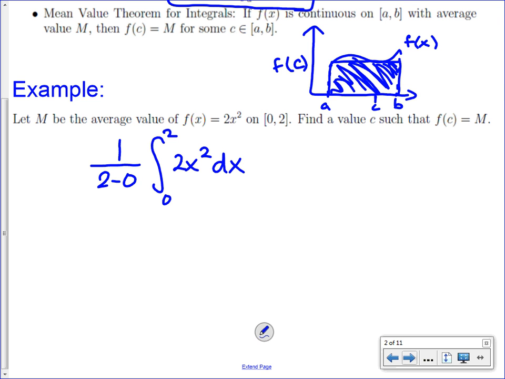Okay, now this one we're actually going to work out because we're going to need it to be able to answer the second part. Okay, so we're going to end up with 1/2 times, then we're going to find the antiderivative. So we're going to get 2 times x cubed over 3.